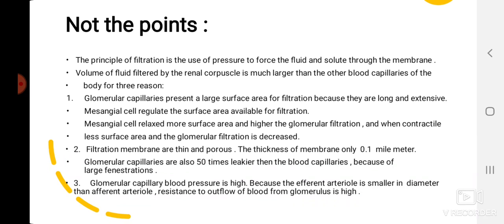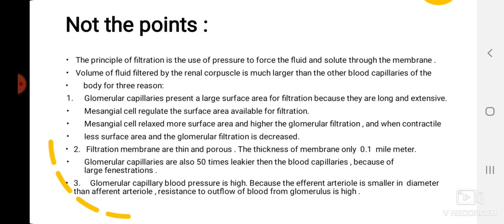We already discussed that, but we revise it: in the renal capsules they have mesangial cells.